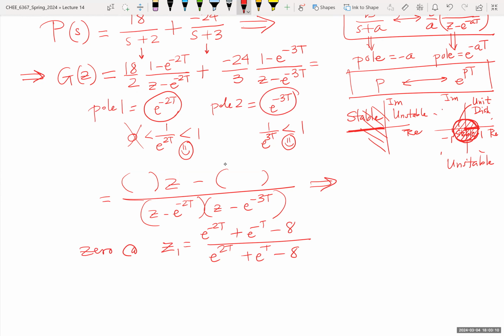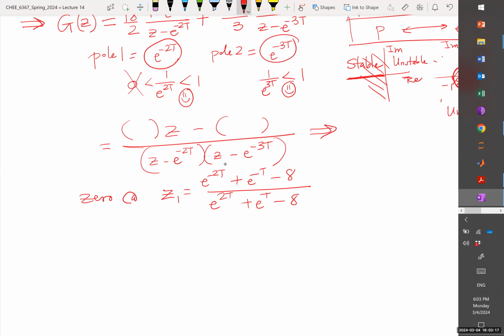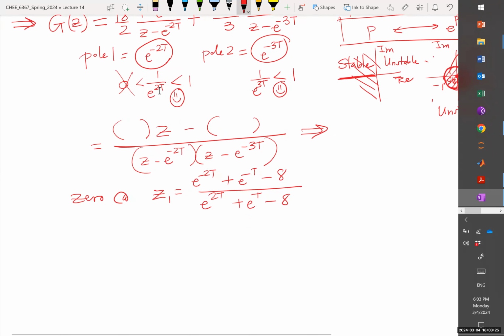You see that this is a somewhat clunky zero, in the sense that it doesn't have a nice clean counterpart in continuous time like these two poles. The poles are nice and easy, but the zeros are more elaborate. And how the poles behave if t, the sampling period, changes is simple.